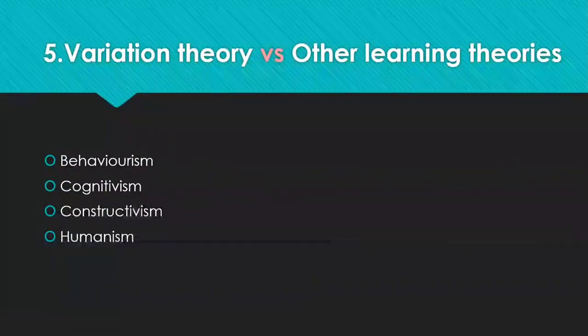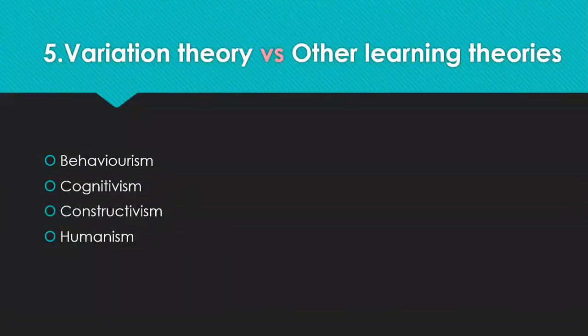Finally, what's the difference between variation theory and some other learning theories? Here I list four typical learning theories: behaviorism, cognitivism, constructivism, and humanism. The first one, behaviorism.